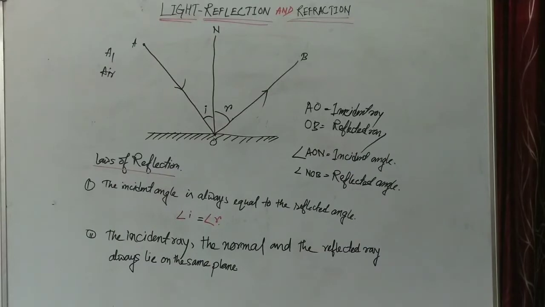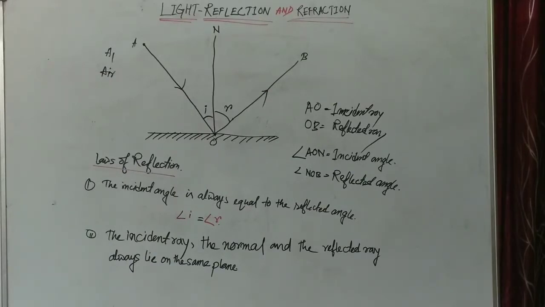So it gives us two angles, angle AON and angle NOB. Angle AON is known as the incident angle, and angle NOB is known as the reflected angle. We have denoted angle AON as I and angle NOB as R. That's why you can write that angle I is always equal to angle R.